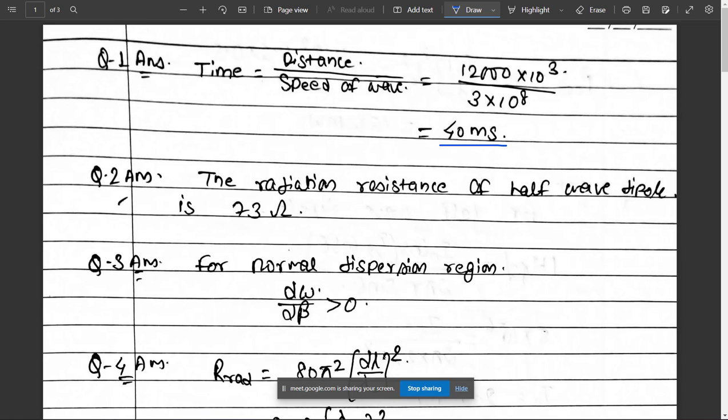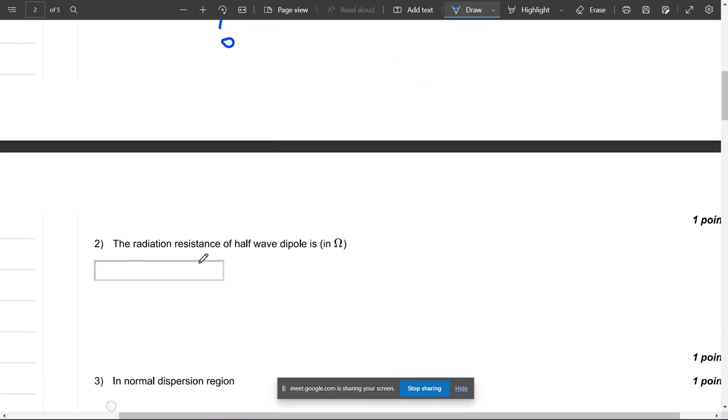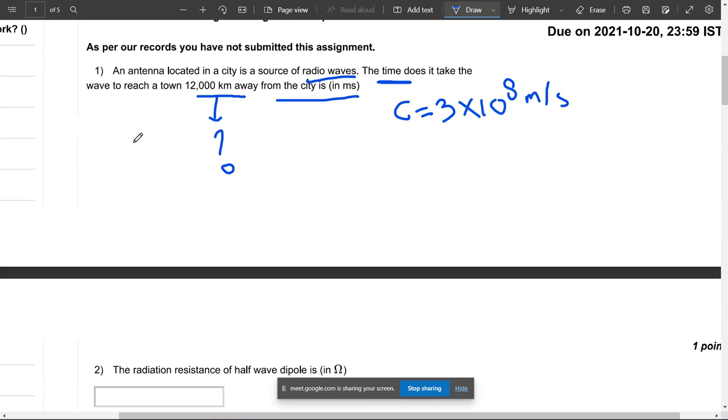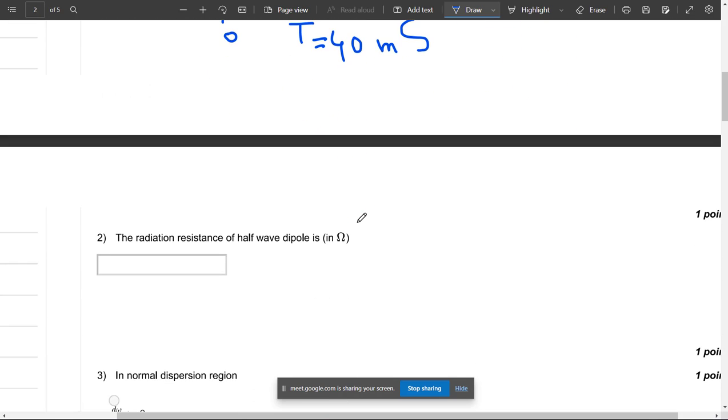So here the answer will be time t is 40 milliseconds. Got it? Do you have any doubt here, Gokul? No, ma'am. Okay, let's go.